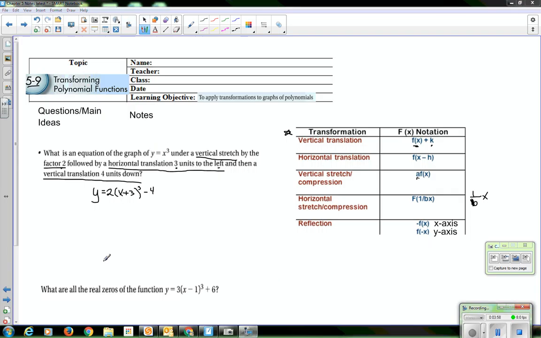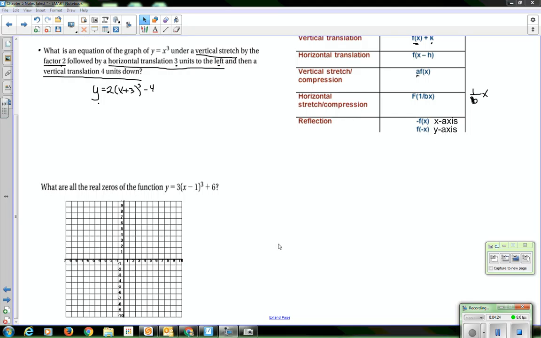Okay, so we're going to use translations to help us determine what the zeros of a function are. So let's look at our function y equals 3 times (x minus 1) cubed plus 6. Normally, if you look at a cubic function, it is our classic swimmer shape.